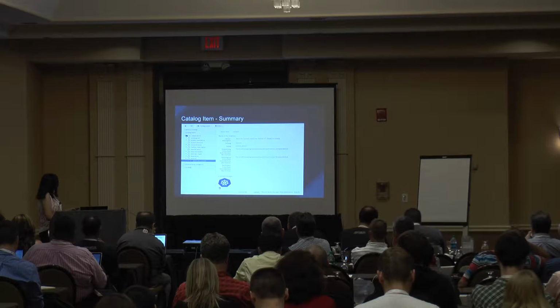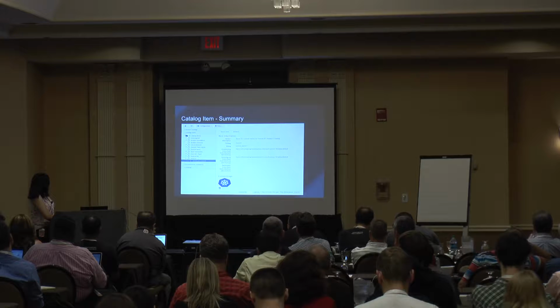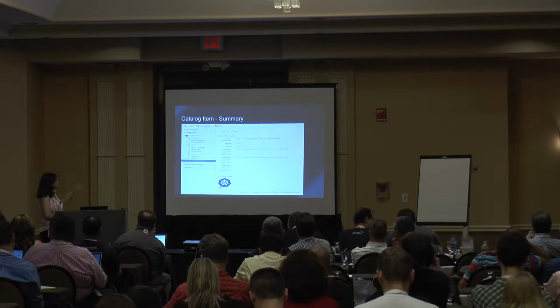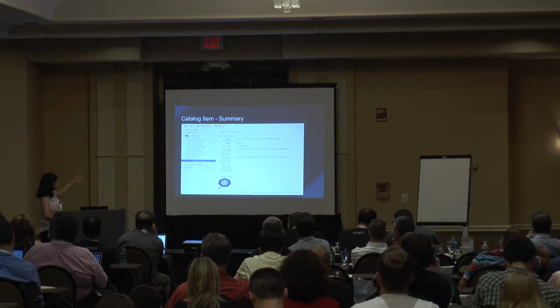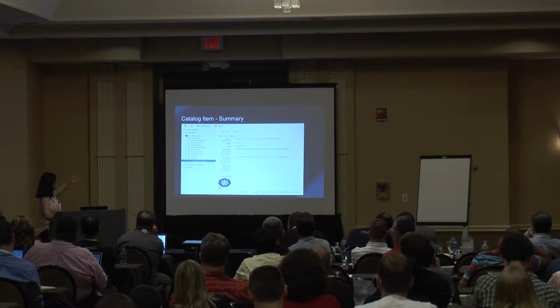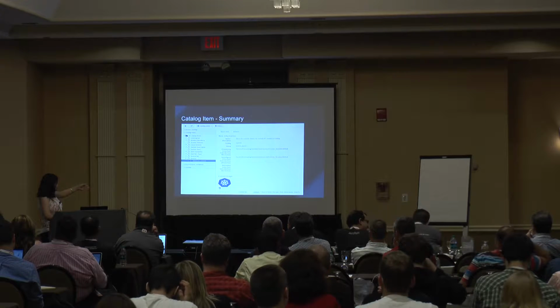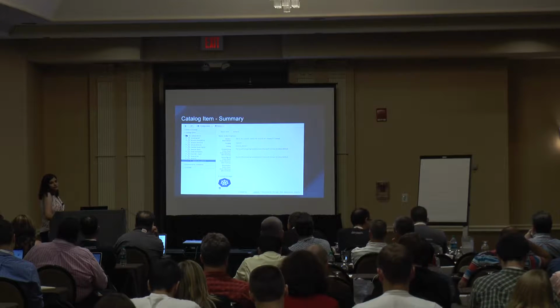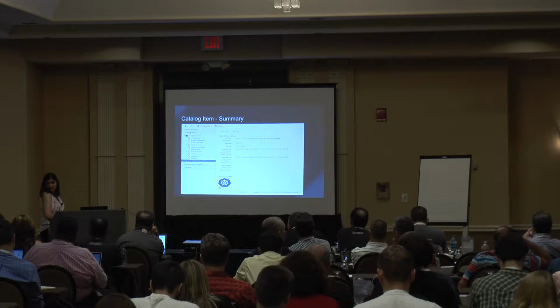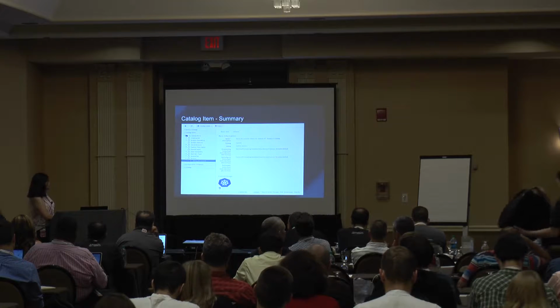Actually, that's a summary screen of a catalog item. As you can see, when admin adds a catalog item, they can provide a provisioning entry point or a reconfiguration entry point or a retirement entry point. And they can also upload a custom image that will be displayed when the service is provisioned in the services tree or the service summary screen.